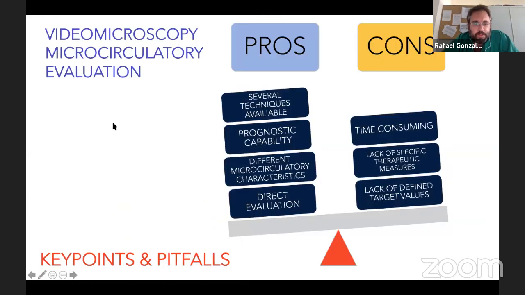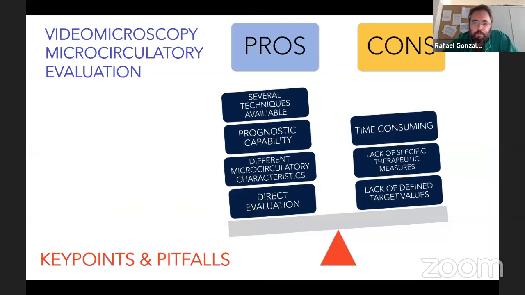To finalize my presentation, I would like to go over some key points and pitfalls of the microcirculatory evaluation using videomicroscopy. We have to remember that there are several techniques available. They have prognostic capability. They allow us to evaluate different microcirculatory characteristics.